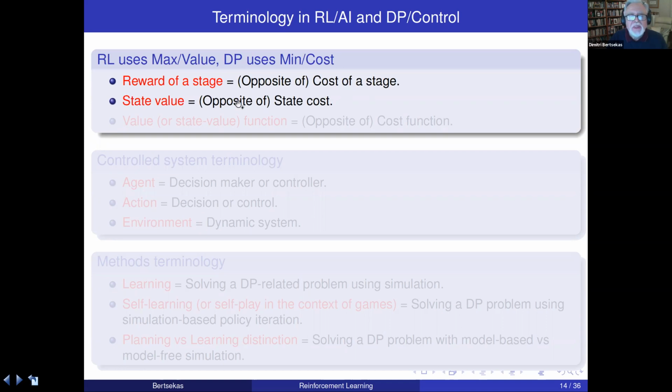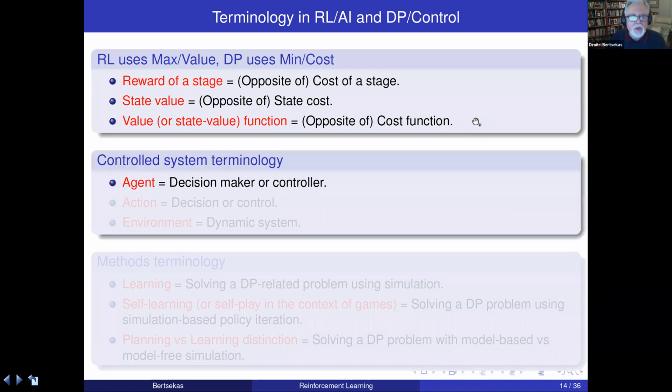State value is the opposite of state cost. Value function in reinforcement learning translates to cost function in decision control. All of this is minor, and you can easily get accustomed to it, but there are some more radical differences in terminology. A decision maker or controller in decision control is called an agent in reinforcement learning.